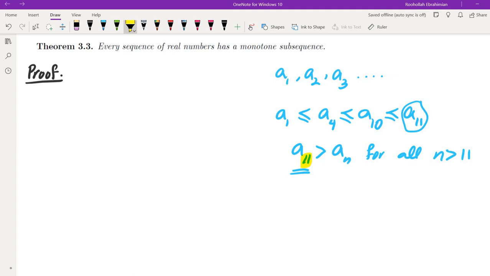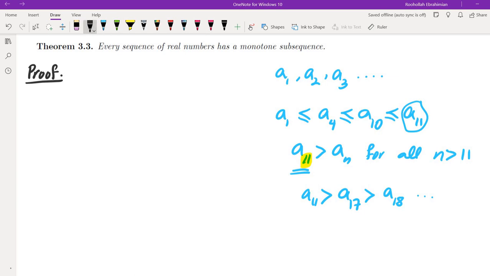And if there are infinitely many of them, so a11 is more than everything after that, then there is some other index after that, let's say a17, and a17 we know is more than everything after that. So a17 is more than, let's say, a18, which is also one of those indices. Then you can create a subsequence that is decreasing.